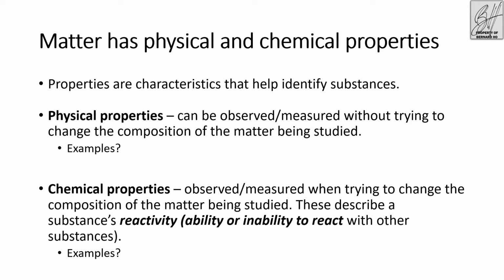Whatever burned reacted with oxygen to produce something new. As another example, we know that a substance is toxic only when some unfortunate organism is exposed to it. And that exposure changes the chemical composition of the object as well. Hence, toxicity is also a chemical property.